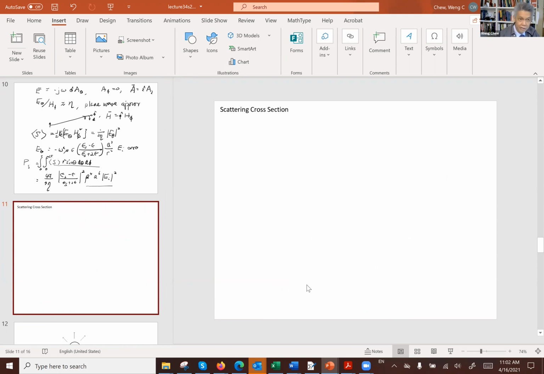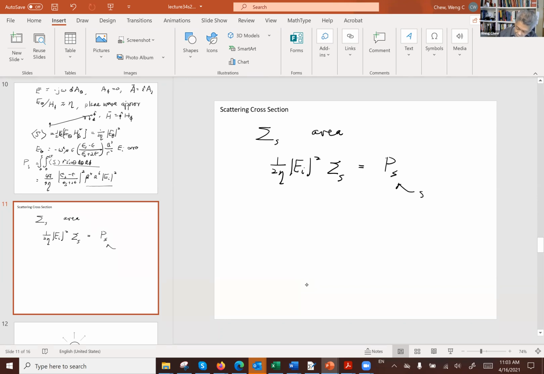The scattering cross section is defined to be an area, such that if you multiply the incident power by the scattering cross section, it will give you the power scattered.